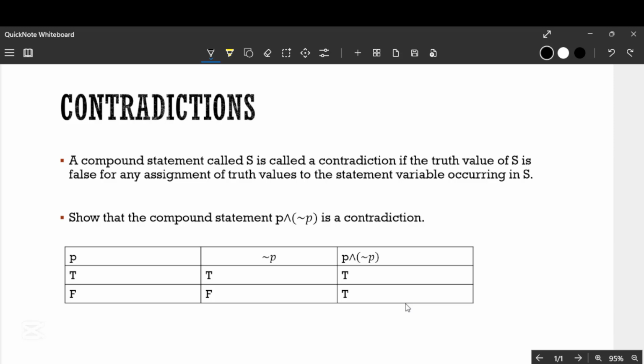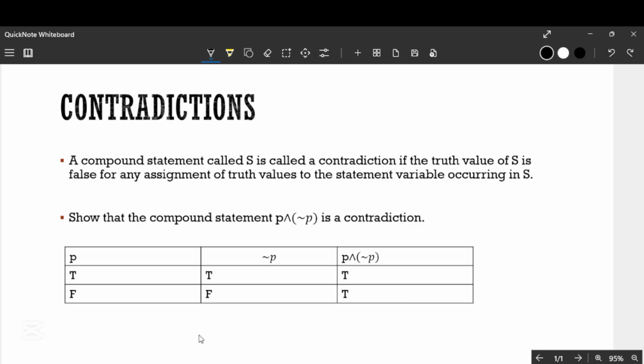Example: it is raining and it is not raining at the same time. This statement is always false because it is impossible for both conditions to happen simultaneously, and it is a logical contradiction. So this is a contradiction.